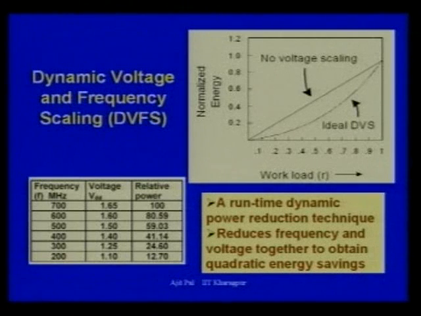Then coming to the third approach, dynamic voltage and frequency scaling. Normally a processor is not always 100% busy. Whenever you are using your laptop or desktop, you will find that CPU utilization is 10% sometimes, 15% sometimes, 50%.